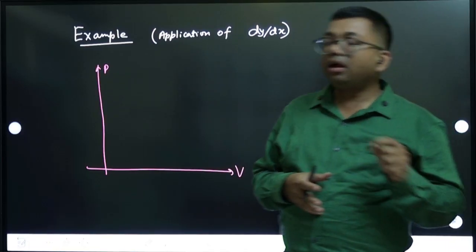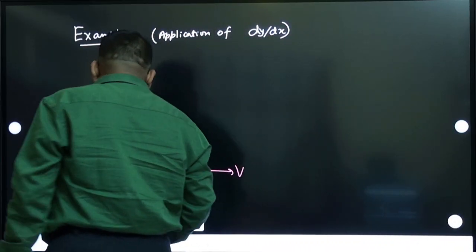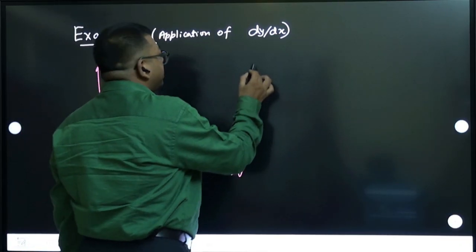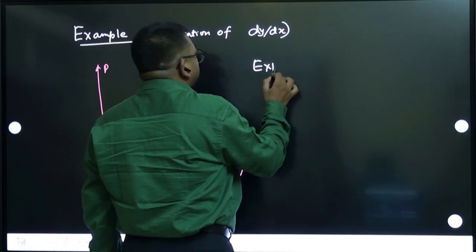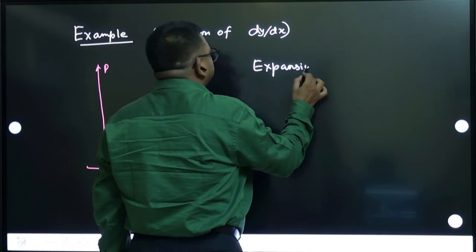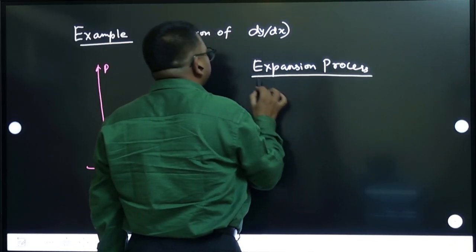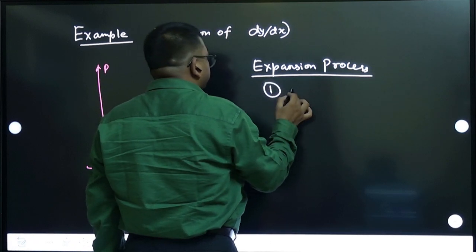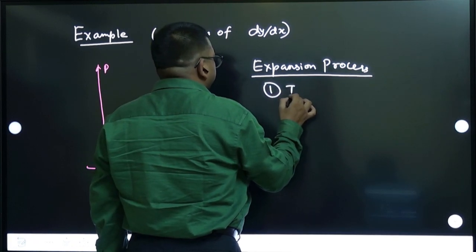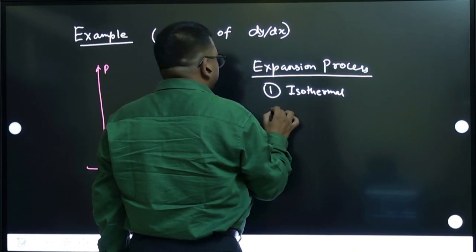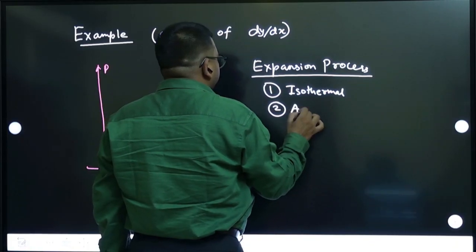Okay, and there are two important equations for which we calculate work done, and let us consider an expansion process. There are two expansion processes we will take. One is called isothermal, and the other we will take is adiabatic.